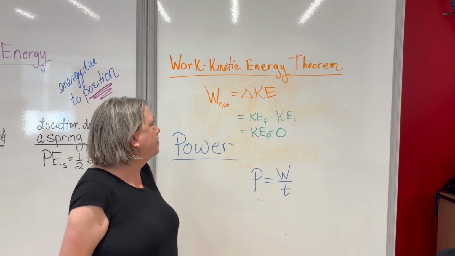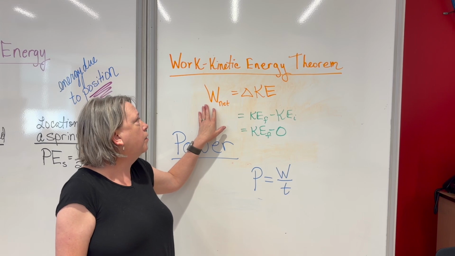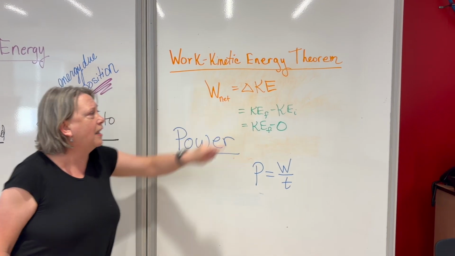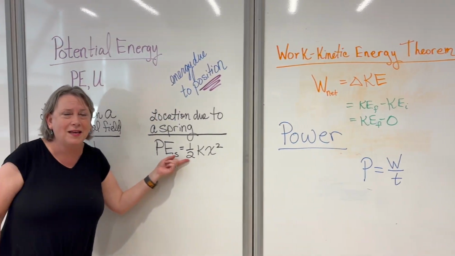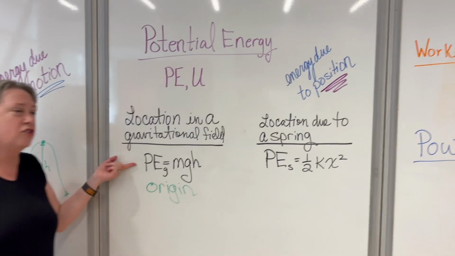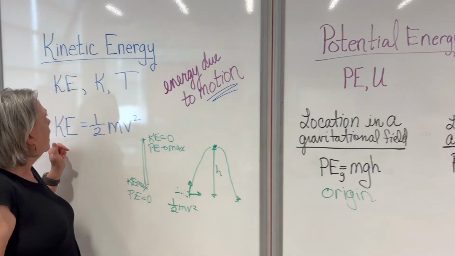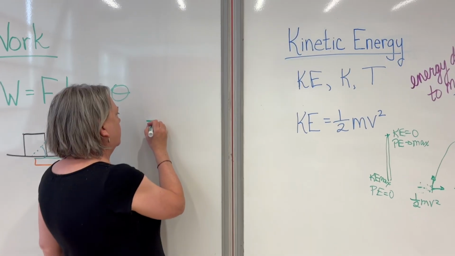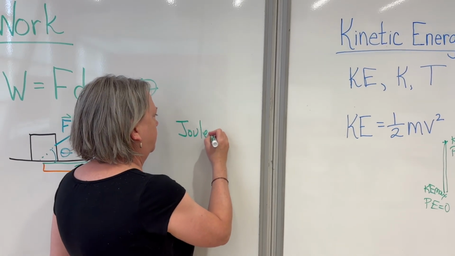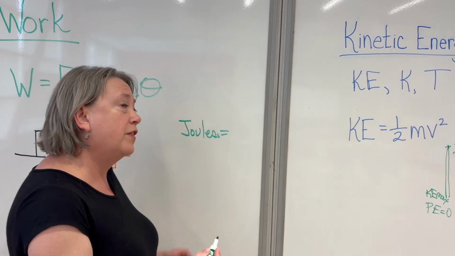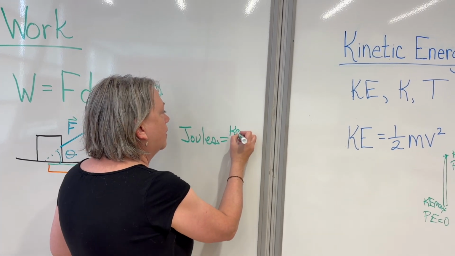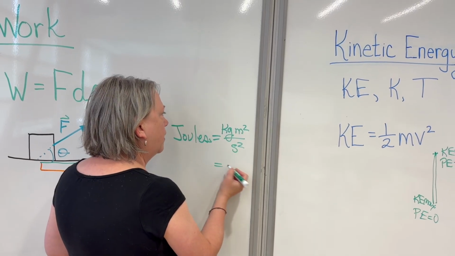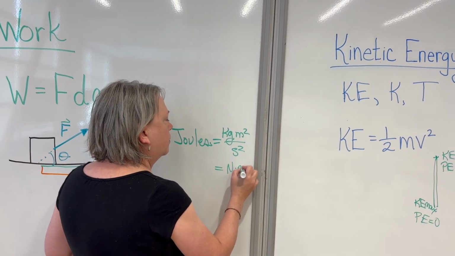The units on work are the same as the units on kinetic energy, are the same as the units on potential energy, and they are joules, which are the same as a kilogram meter squared per second squared, or a Newton times a meter.